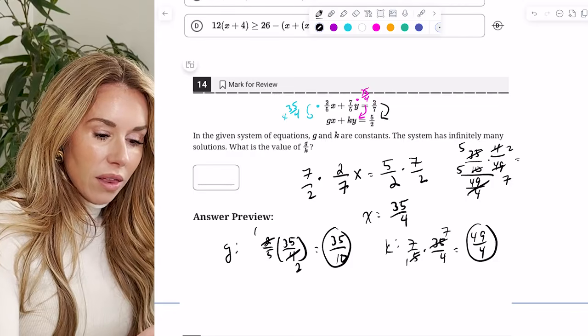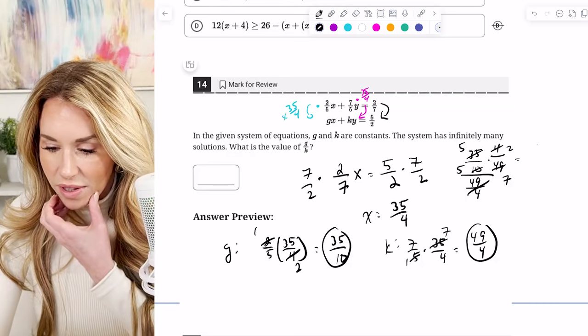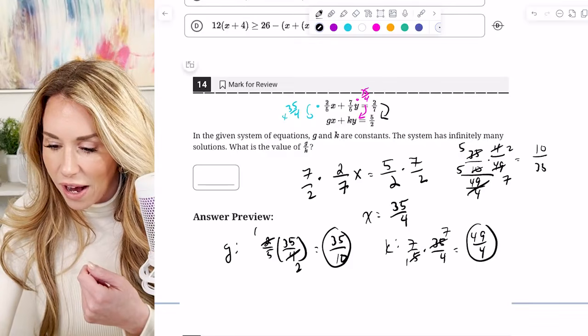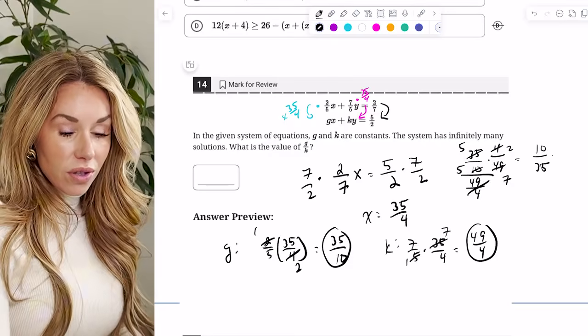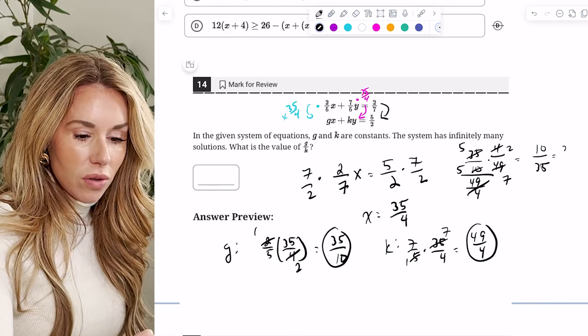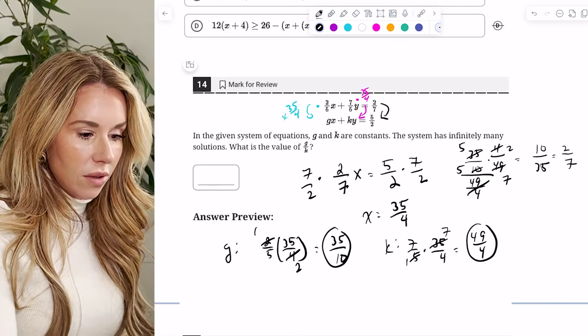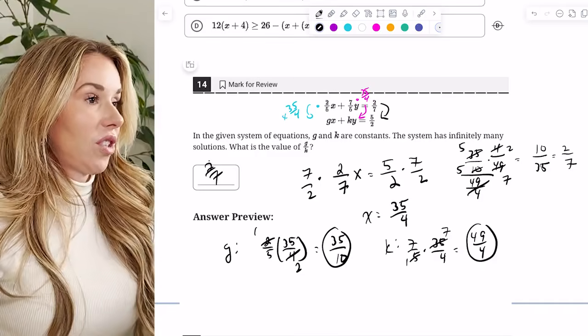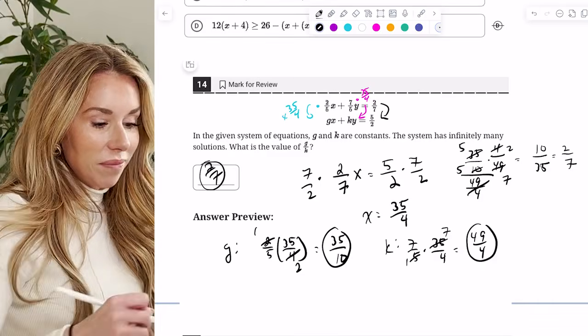So we end up with basically 10 over 35, which can reduce. So that actually could be 2/7. Really? Okay, that doesn't seem right to me. It's 2/7, so I guess we're good.